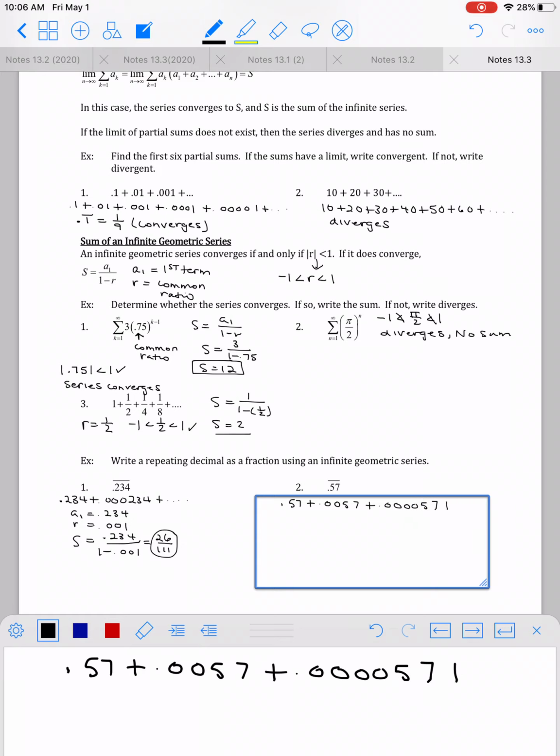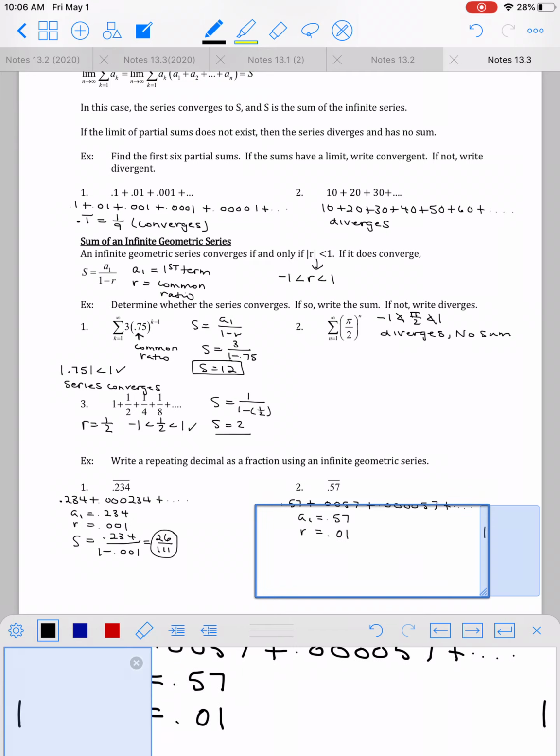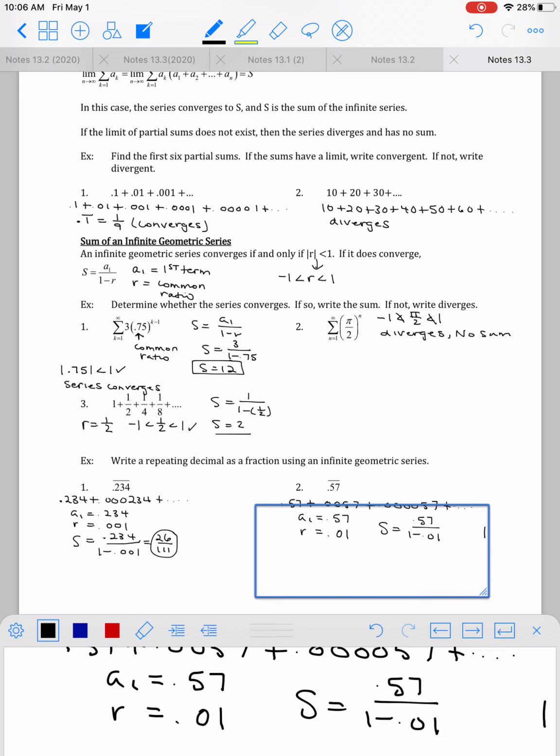That pattern continues. a sub 1 is 0.57. r this time is 0.01 because of 2 repeating decimals. And so my sum is going to be 0.57 over 1 minus 0.01. You put that in your calculator and you reduce to 19 over 33.